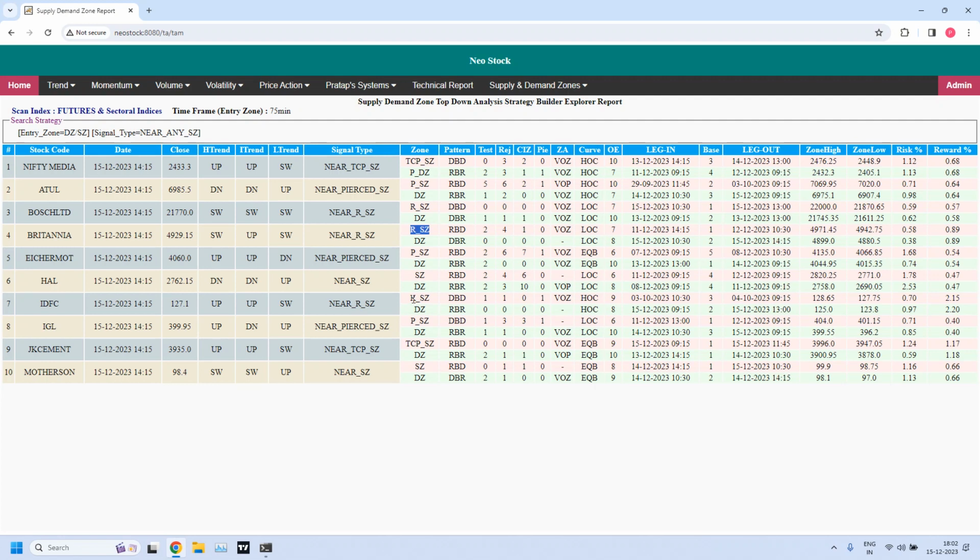And again we have IDFC, but it is already a pierced zone, so we don't bother about this stock because it has pierced count 1. And next high liquidity zone is JK Cement, and it is a fresh zone. So these are the high liquidity zones from 75 minutes time frame.